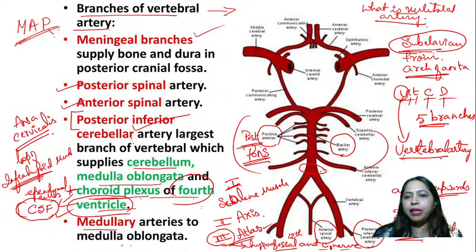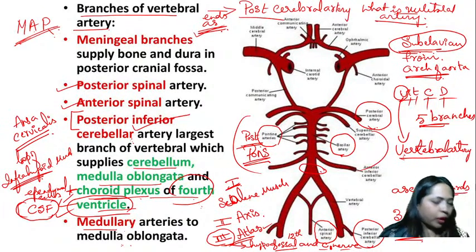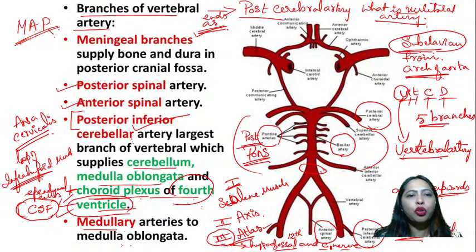Finally, it ends as the posterior cerebral artery. Okay, so that is the last portion of the vertebral artery. So till here, this extent is by the vertebral artery.